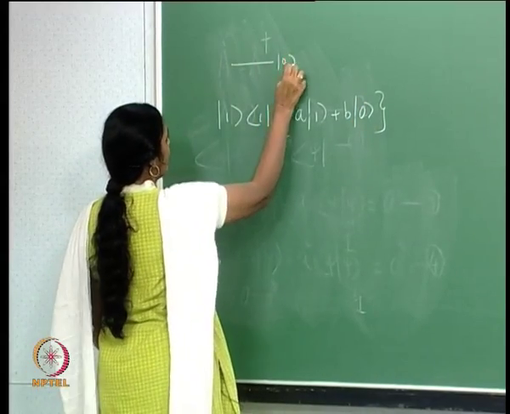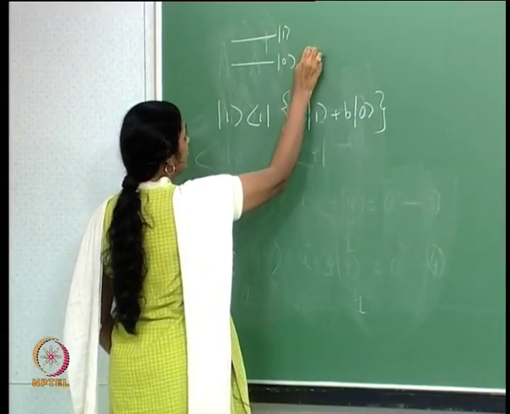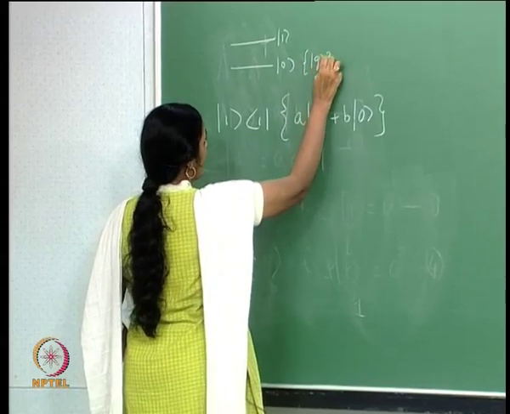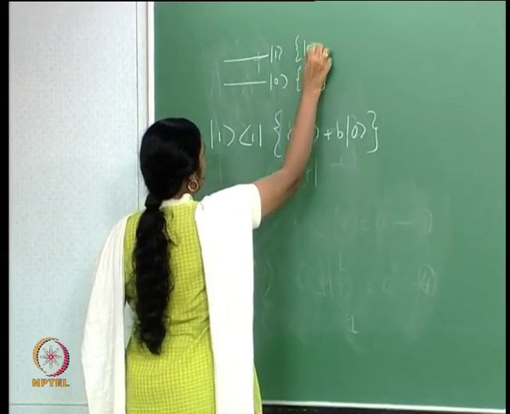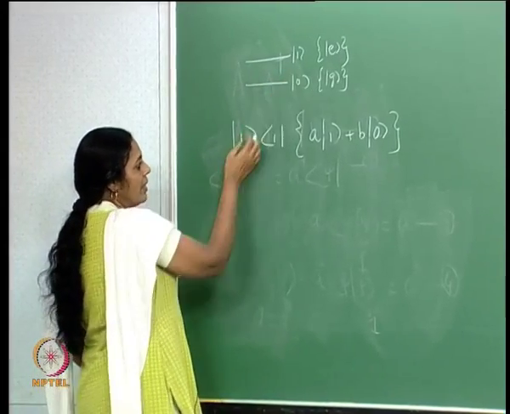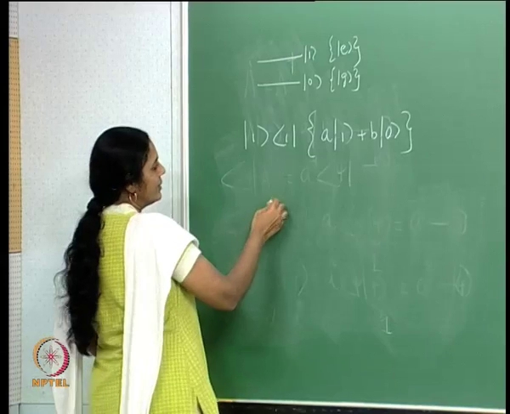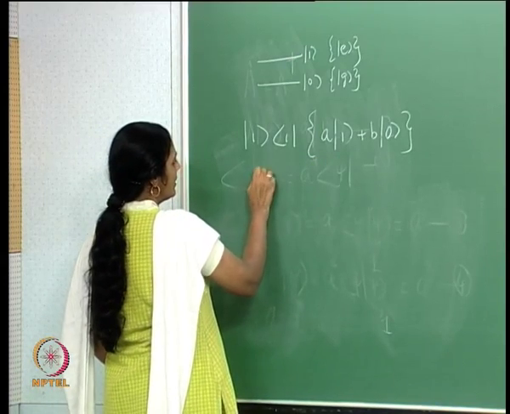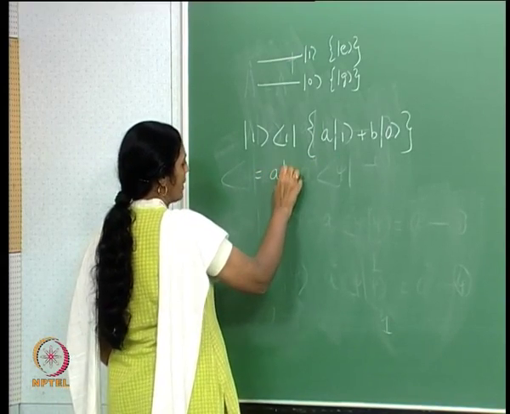So these are the 2 levels 0 and 1. If you wish, you can call this G and you can call this E. So by |1><1| in this notation I mean |E><E|. That projection operator certainly gives you A times ket 1.